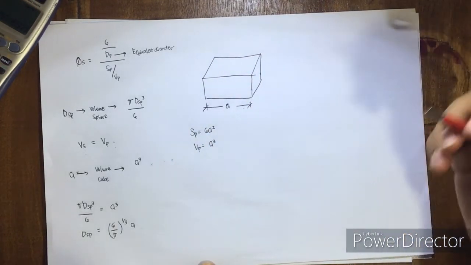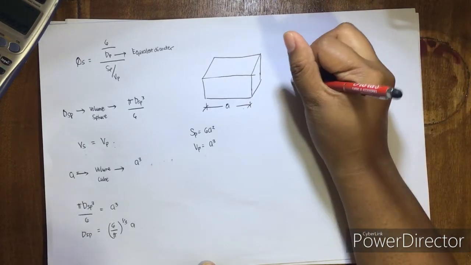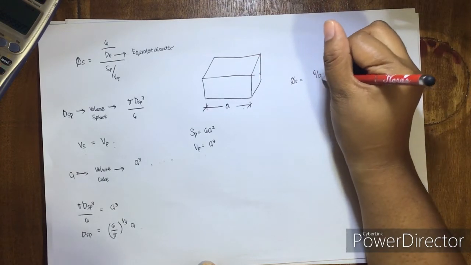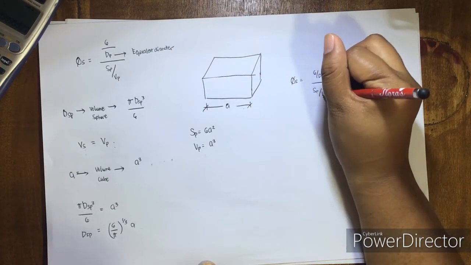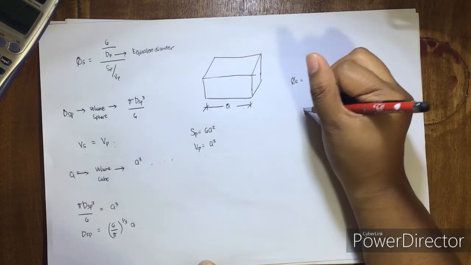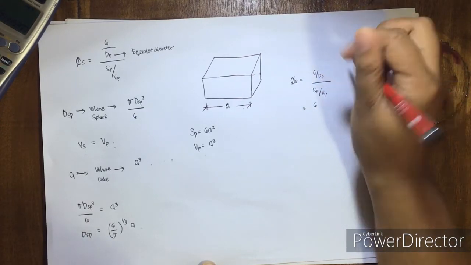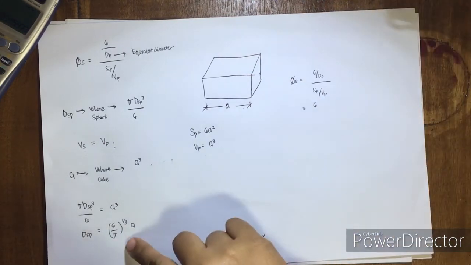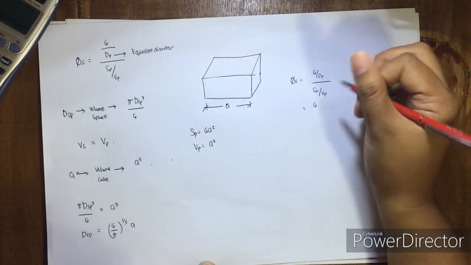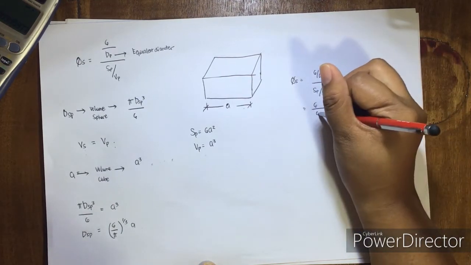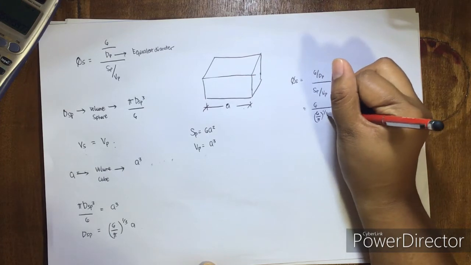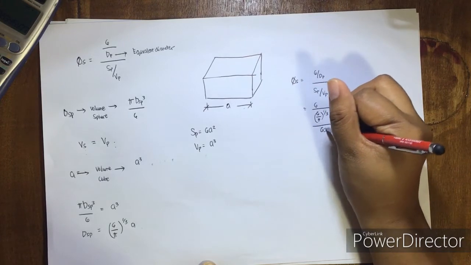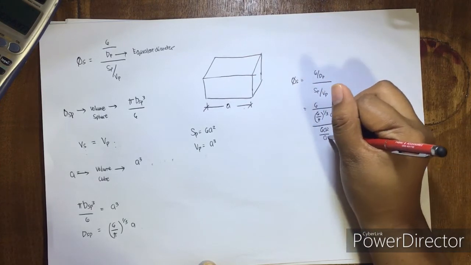Now, in finding the sphericity of the cube, we will use the formula of 6 over Dp divided by the surface area over the volume of our particle. For Dp, we will use the Dsp, since the value of Dsp is the equivalent diameter. So our Dsp is (6/pi) raised to 1/3 times a, divided by the surface area 6a squared over a cubed.